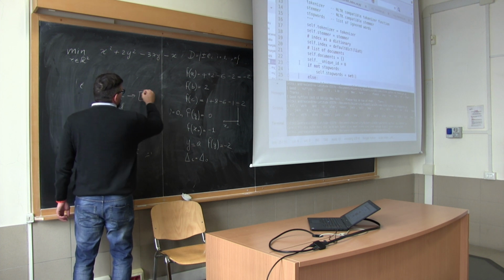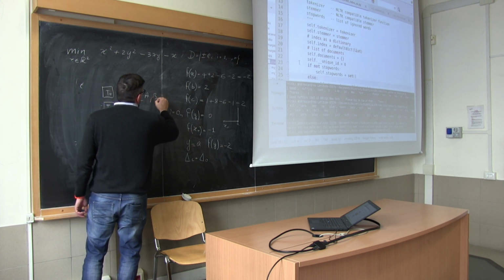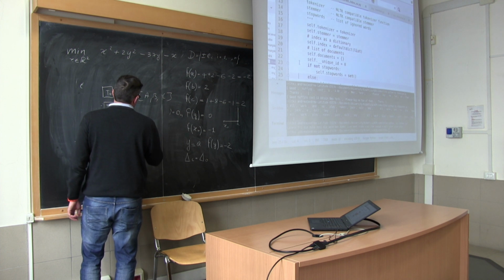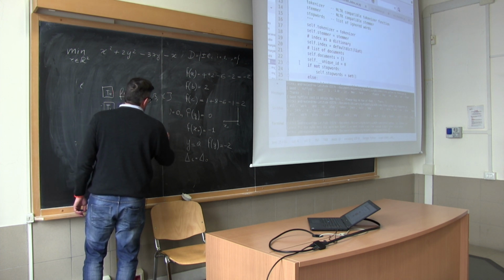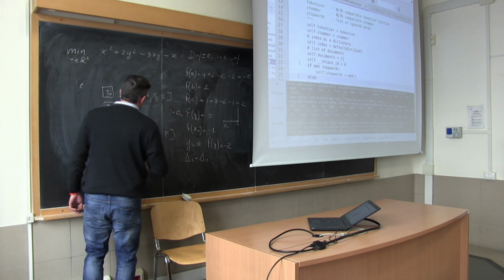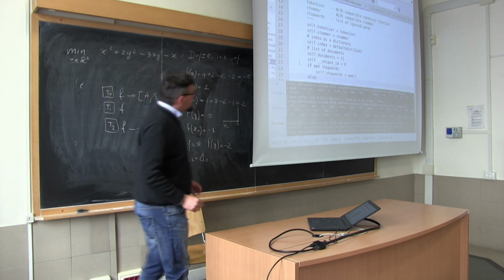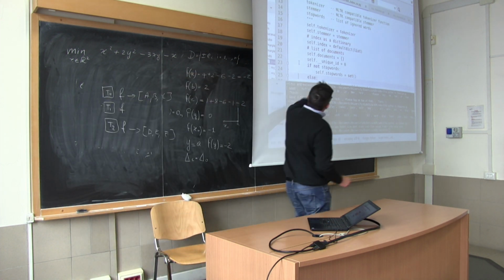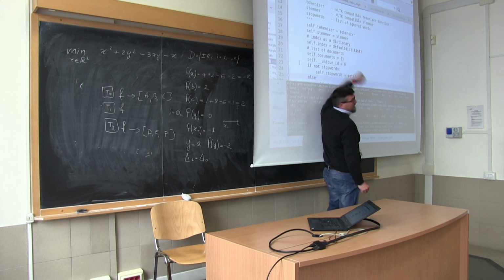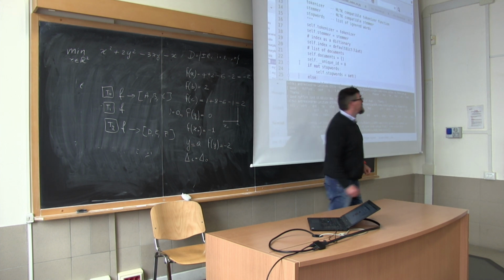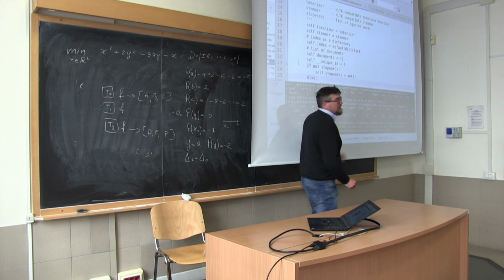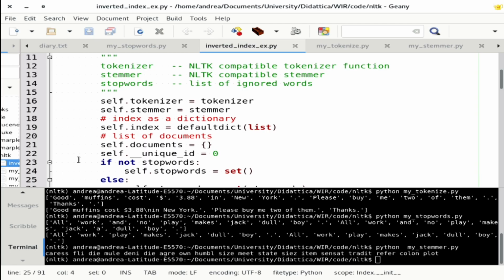And here the list of documents. So the keys are the terms, which are the key to access the dictionary. And the value is the list of documents. Okay.